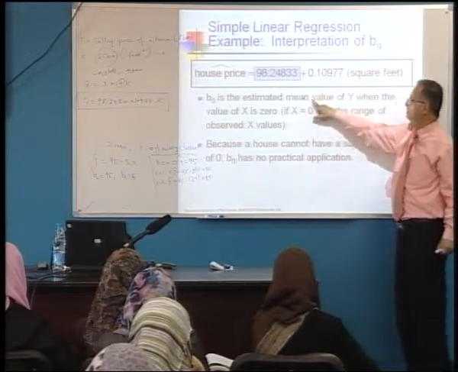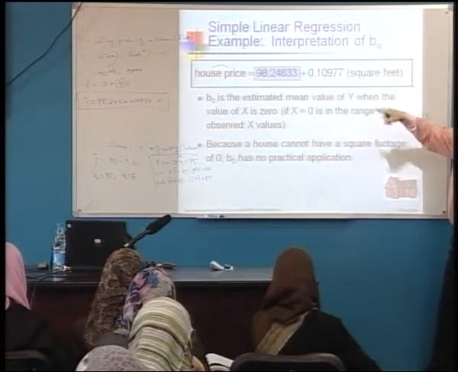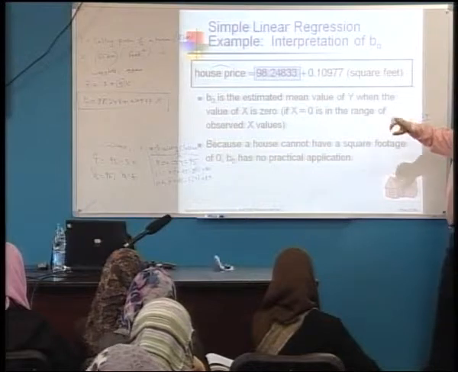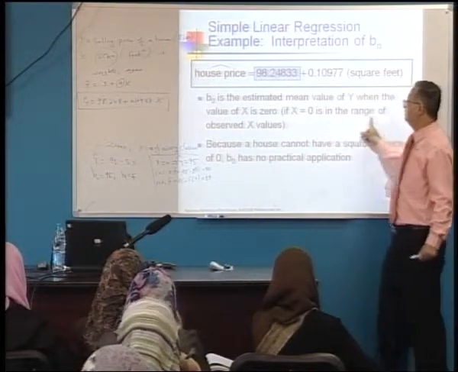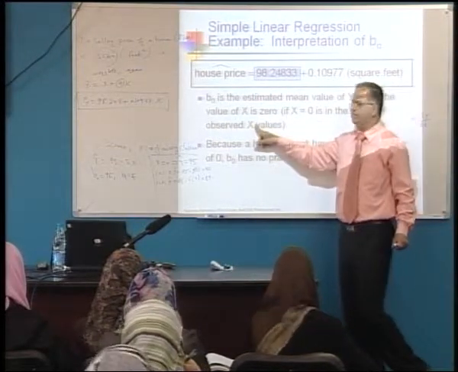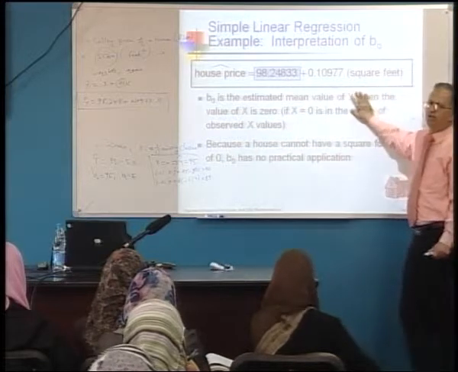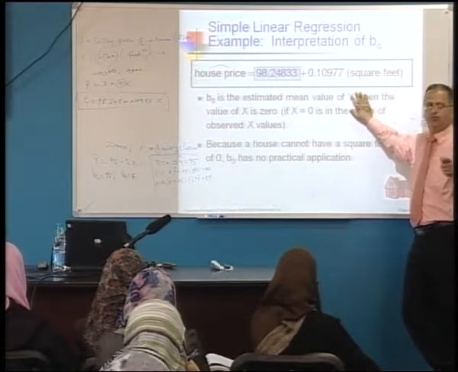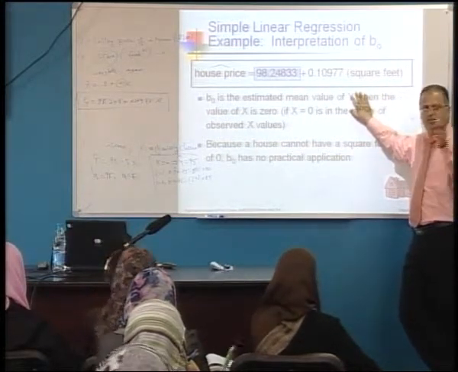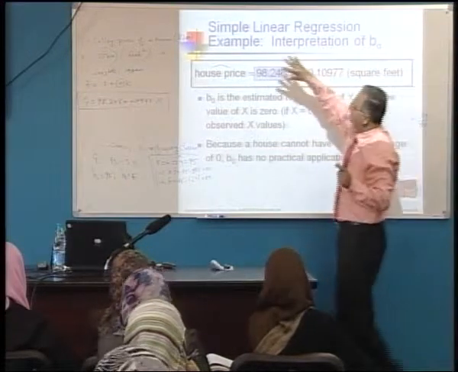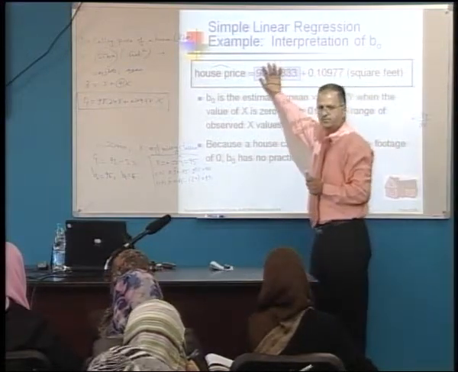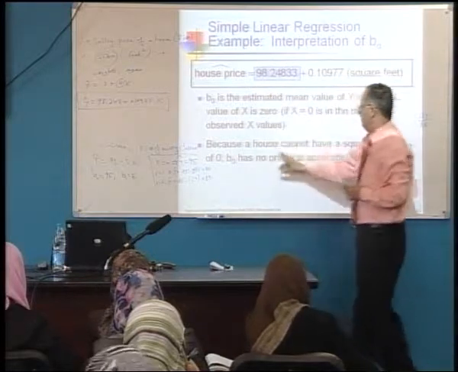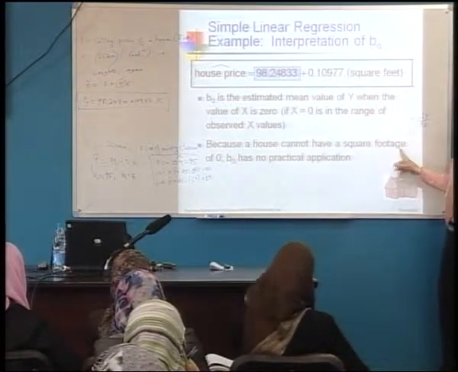Now what's your interpretation of B0 and B1? B0 is the estimated mean value of y when the value of x is 0. So if x is 0 is not in the range of observed x values, and you never have a house of size 0, then this value has no meaning, because a house cannot have a square footage of 0.